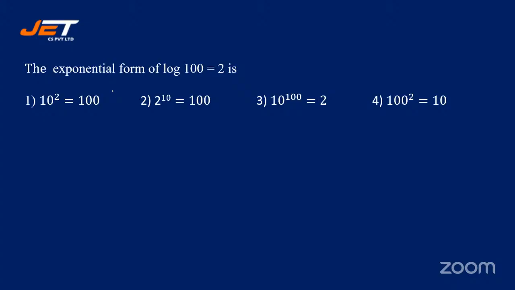The exponential form of log 100 equal to 2 is dash. So what do you mean by exponential form?